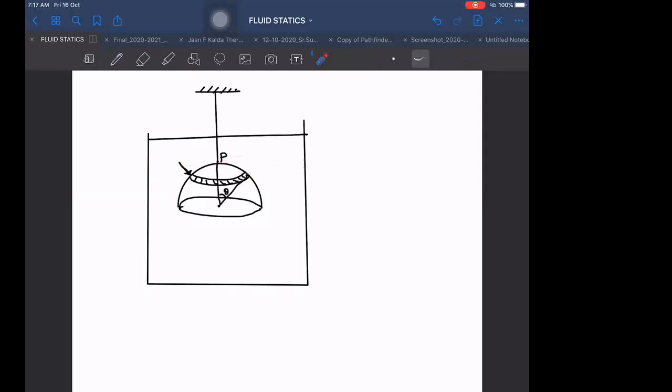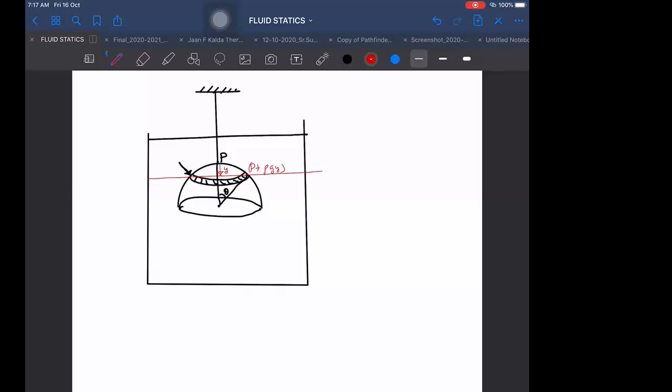Then here, at a depth this much below, what will the pressure become? This is, let us say, y deep. Then here pressure will become P plus rho G y, into area.